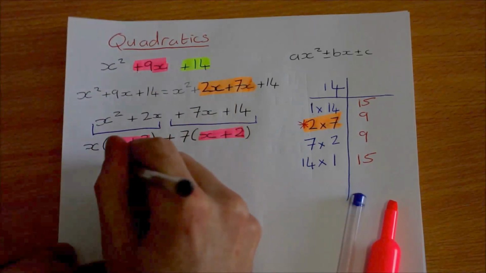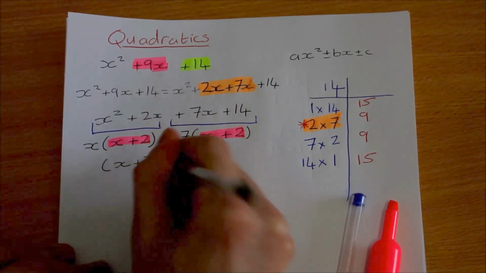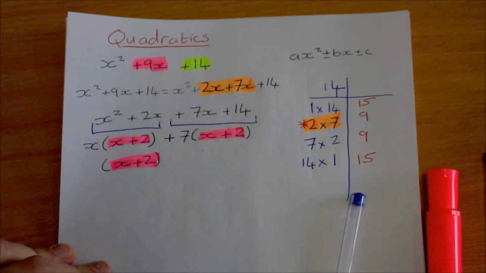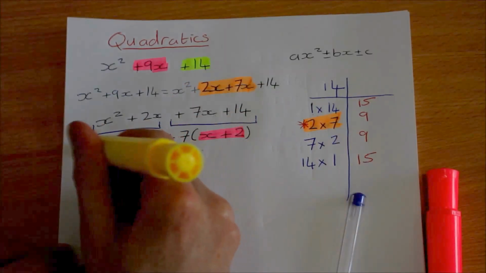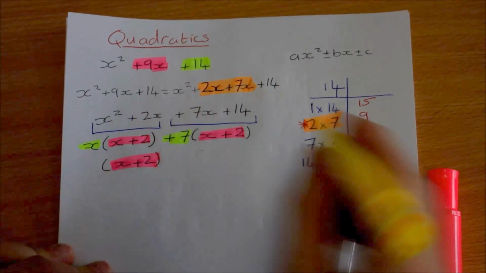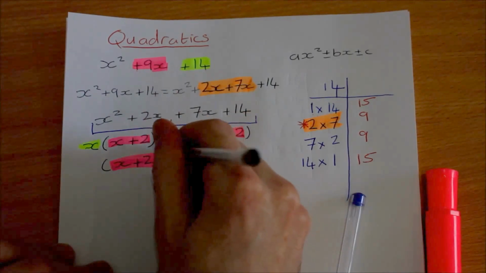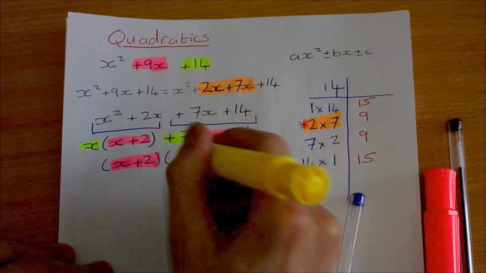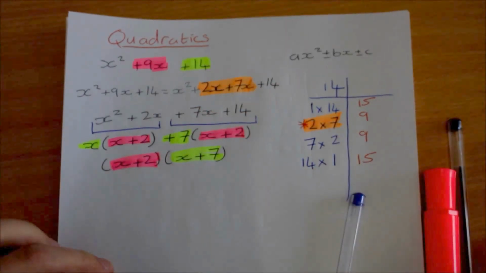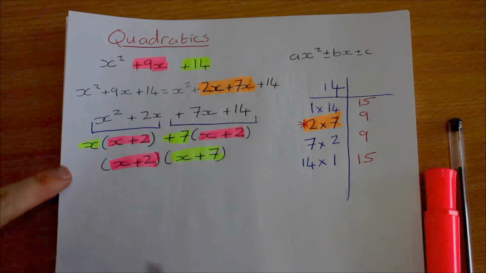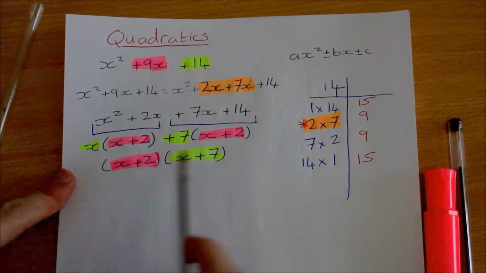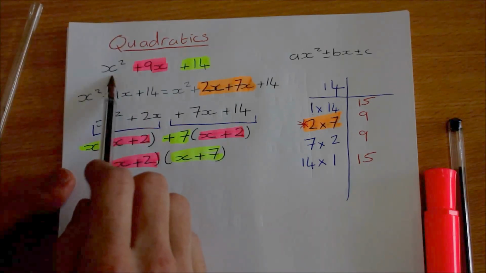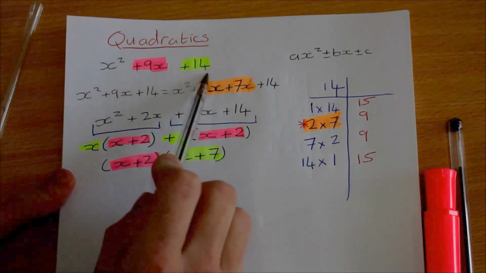So we write that down here, x plus 2. And what's left over? We've got an x and we have a plus 7. So we write that beside it here, x plus 7. Okay, so now what we have is x plus 2 and x plus 7 are my factors of the quadratic equation x squared plus 9x plus 14.